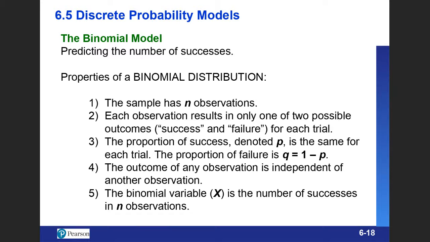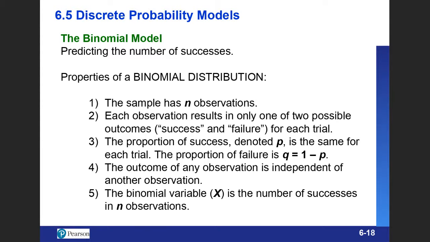A success might be all the no responses because that's your desired outcome. A failure could be heads because you're only interested in the number of tails. Okay, so that's where that pattern comes in. Two possible outcomes in a binomial model.